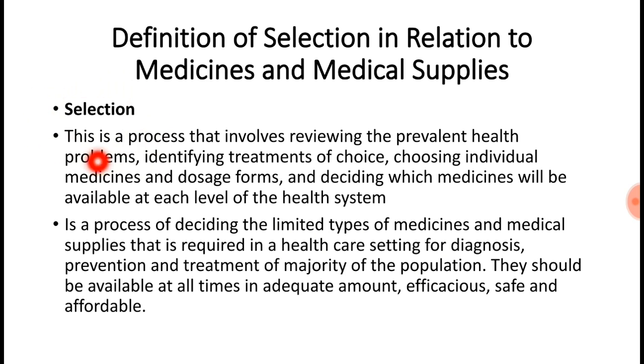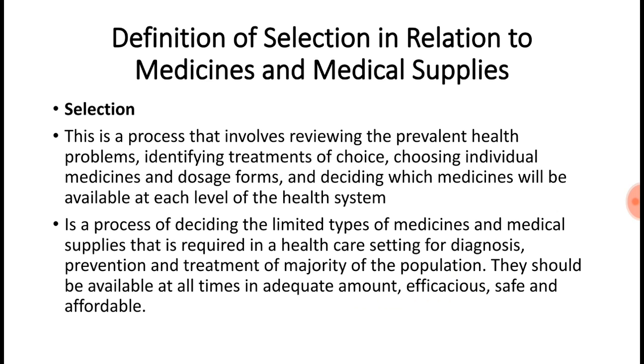So one of the criteria for the selection of these medicines and medical supplies ni kwamba lazima ziwe zina benefit majority of the population. This is very important. They should be available at all times in adequate amount and also efficient, safe and affordable.